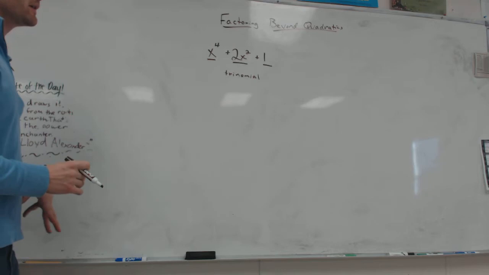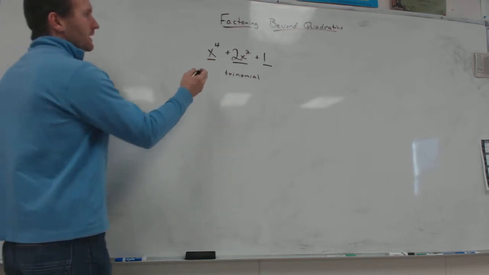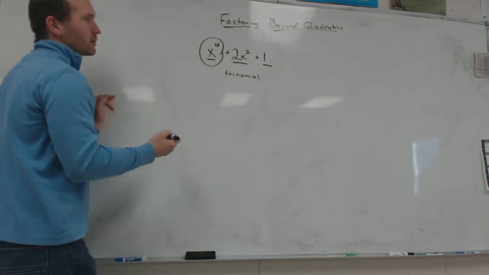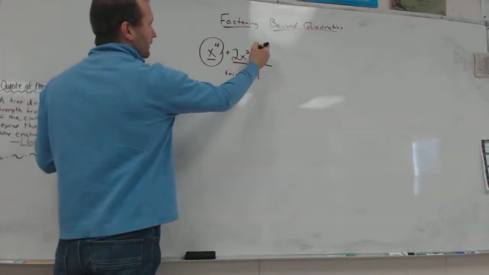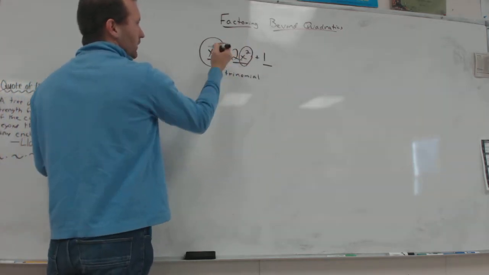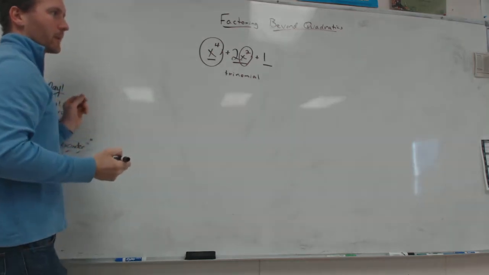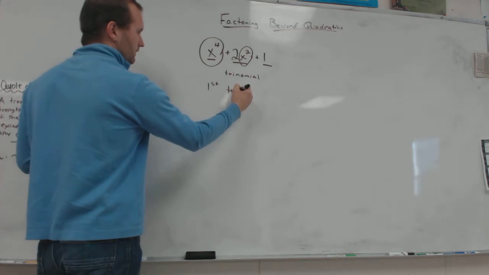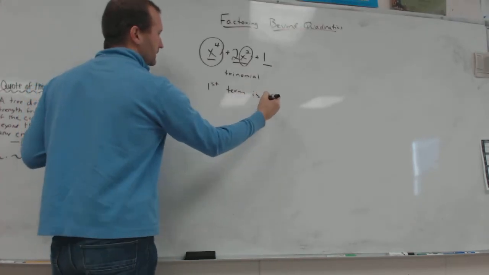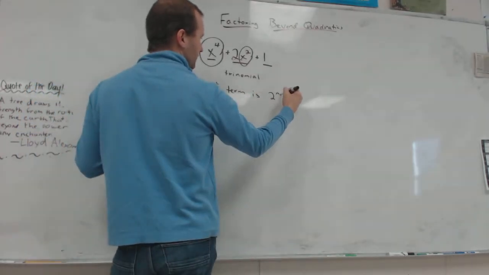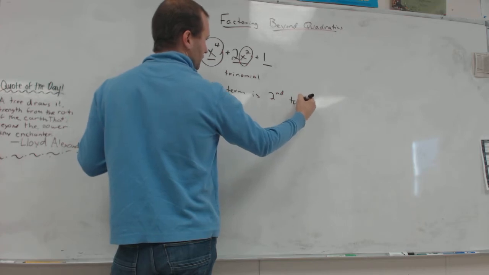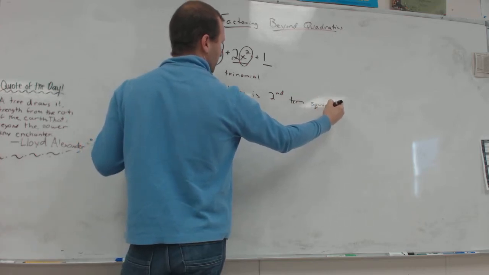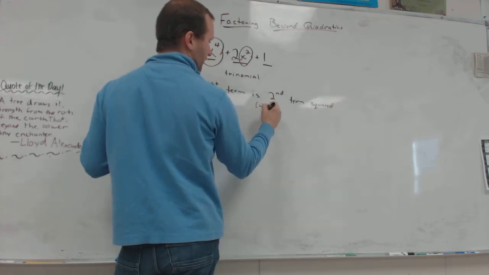The other thing that you need to notice is that the lead term is this squared. Okay? So the first term is the second term squared, without the coefficients, right?